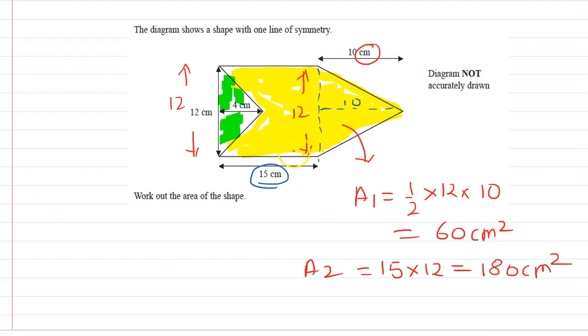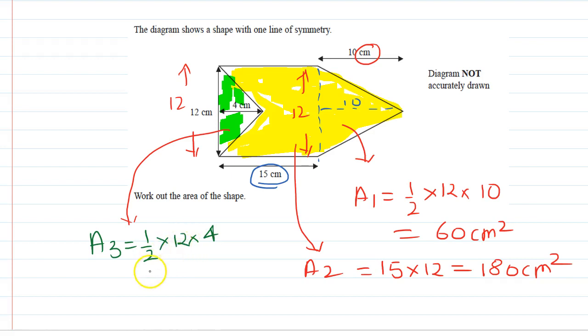So this area is A1 and this area is A2. So when you have calculated A2 area, this green area is already covered. So let's minus this. So what is this green area? A3. So A3 is half base times height, that is 12 times 4. So half of 12 is 6. 6 times 4 is 24 centimeter square.